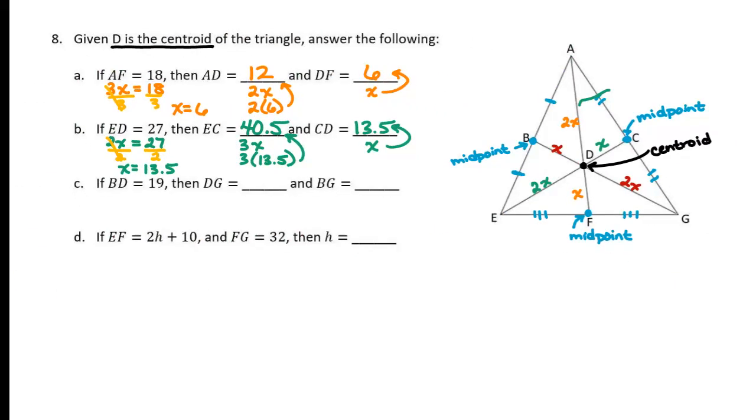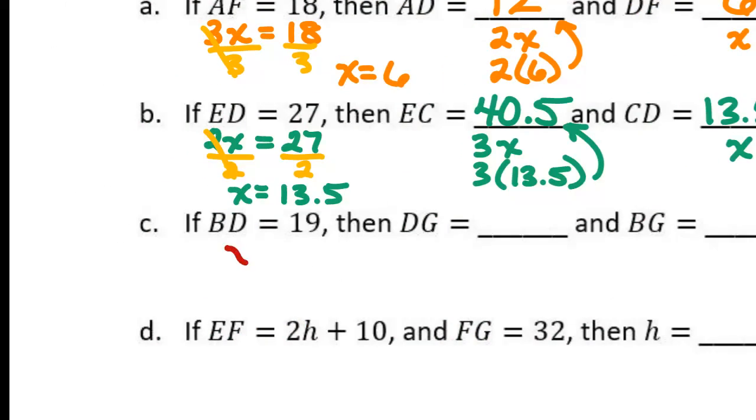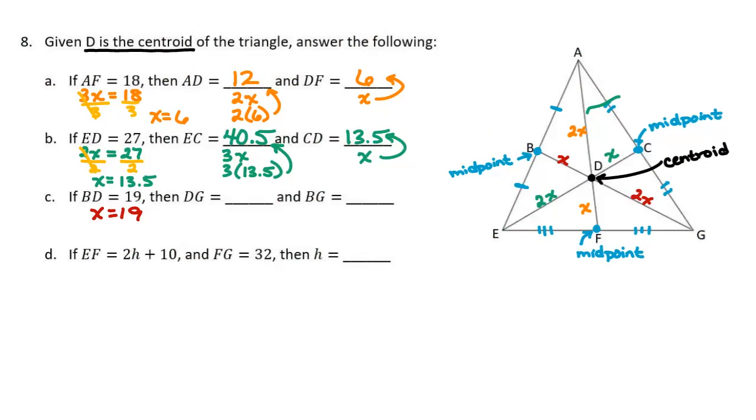All right. Says BD is 19. BD is this right here. Is that x, 2x, or 3x? X. So x equals 19. So how would I find DG then?